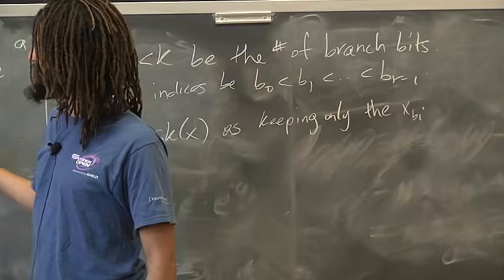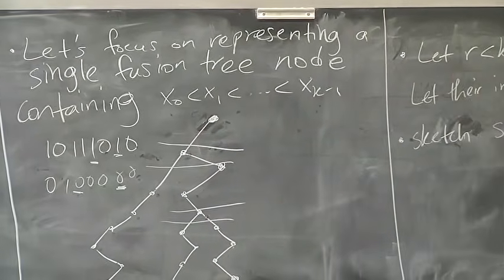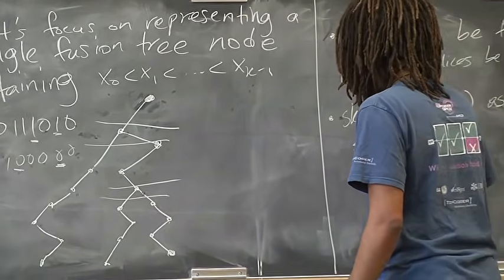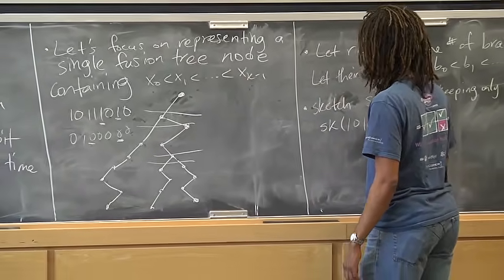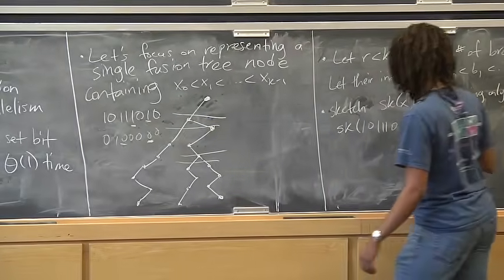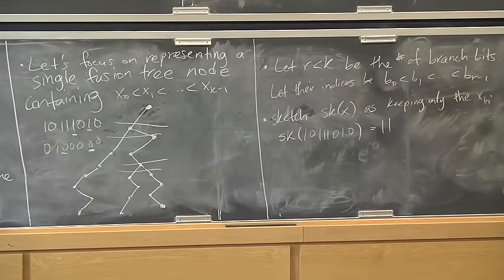The sketch function also depends on the whole set of the xi's, because it depends on this picture. For example, in this particular scenario, if I'm sketching 1, 0, 1, 1, 1, 0, 1, 0, I only remembered that bit and that bit. That's just equal to 1, 1. Okay?